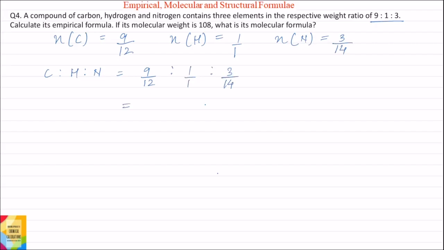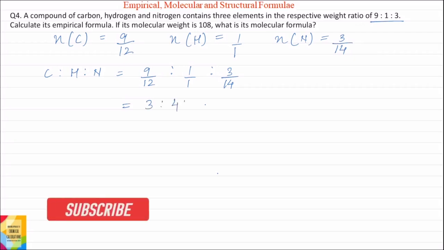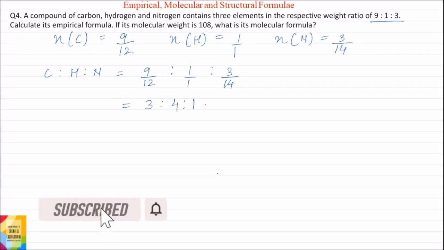And on simplifying this, the ratio will be 3:4:1. Therefore, moles of carbon is 3, moles of hydrogen is 4, and moles of nitrogen is 1. And the empirical formula of the compound will be C3H4N.